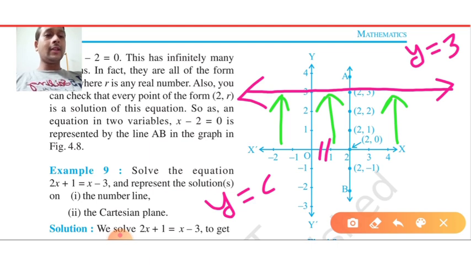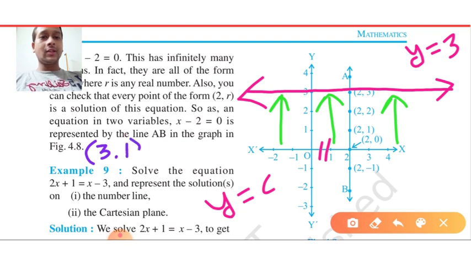So whatever coordinates you take, this 3 will always remain fixed.